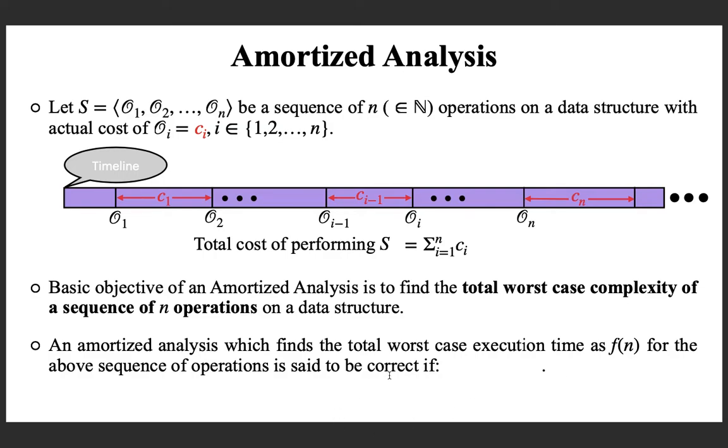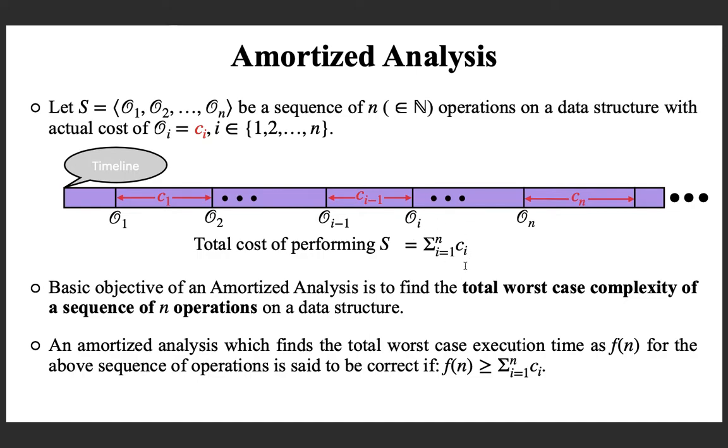Now, the question is when that method can be correct. You know that the actual total complexity is this. So, to be correct, the worst case must be greater than or equal to the actual total cost. I hope you are following me.